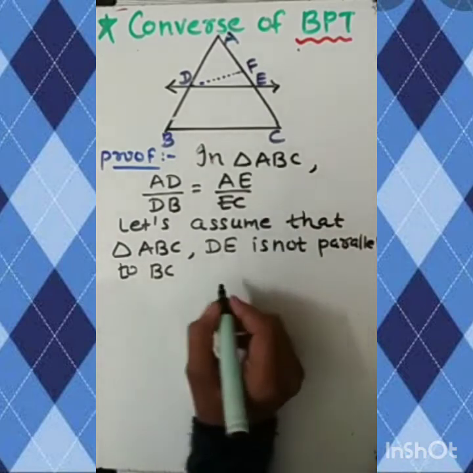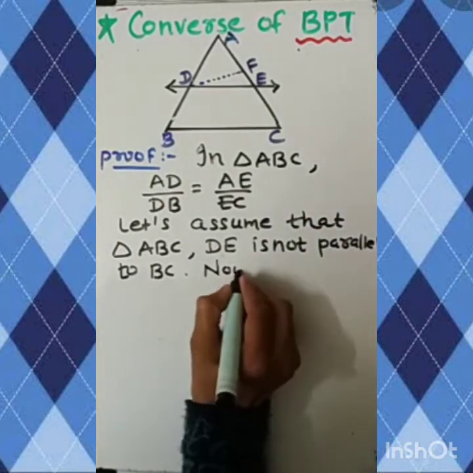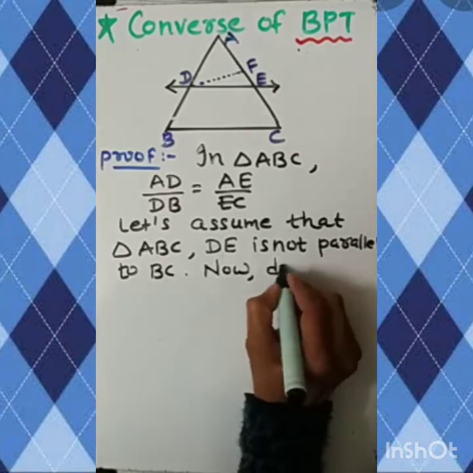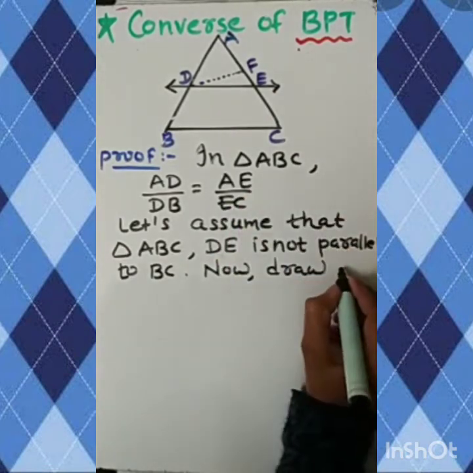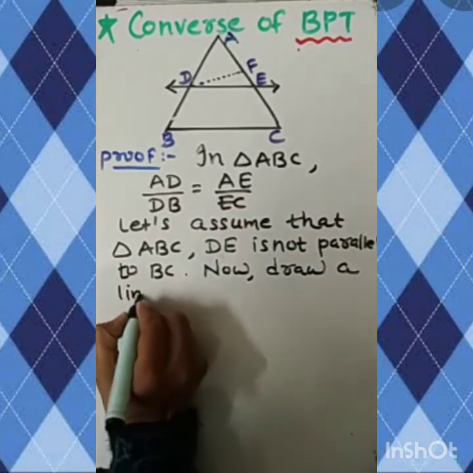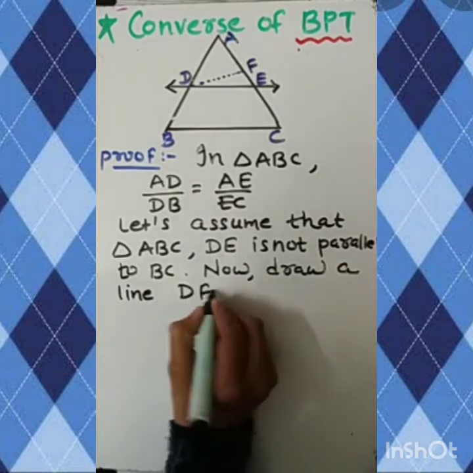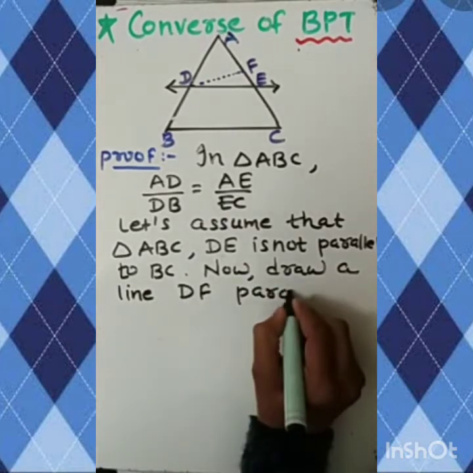Now draw a line DF, as you can see in the figure, which is parallel to BC.